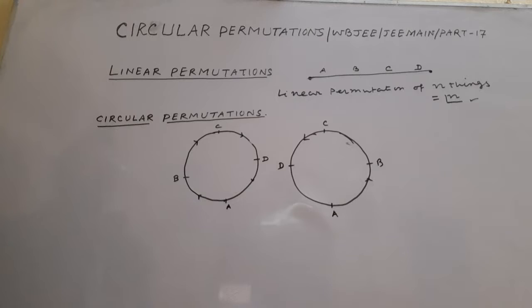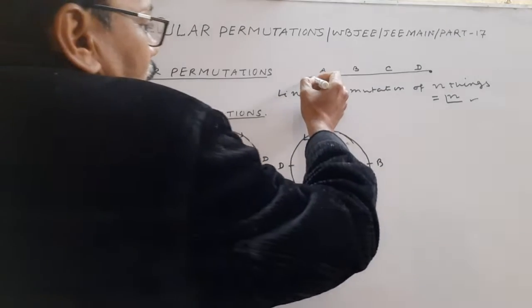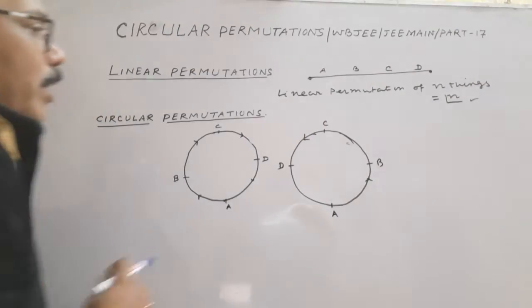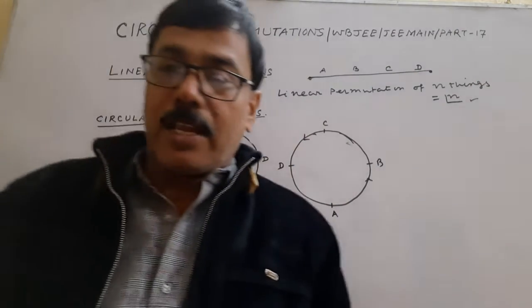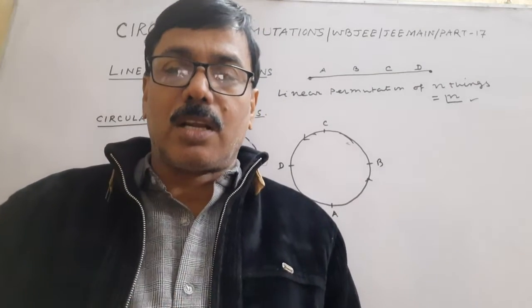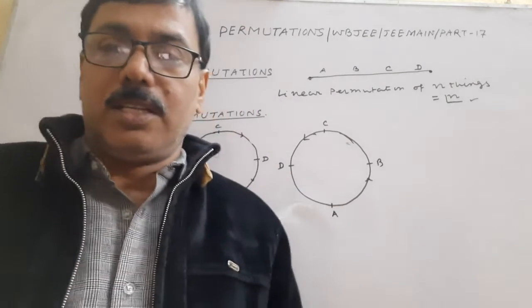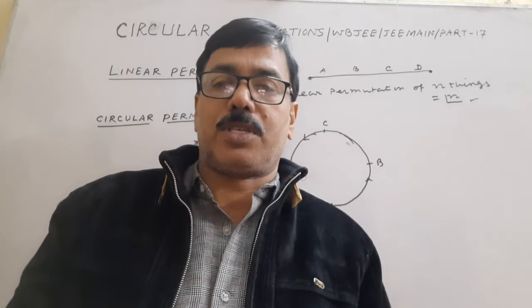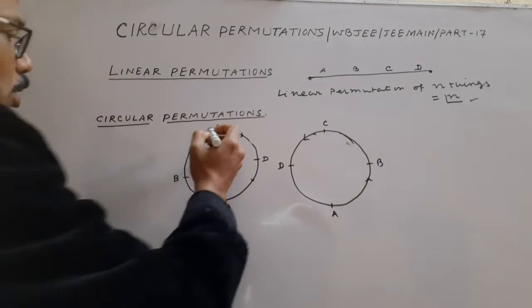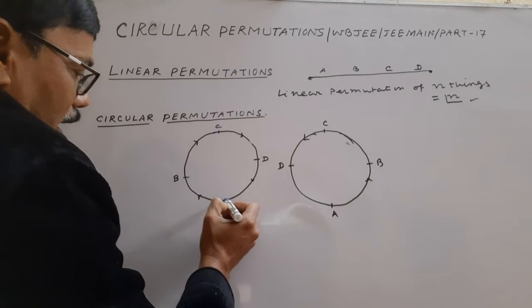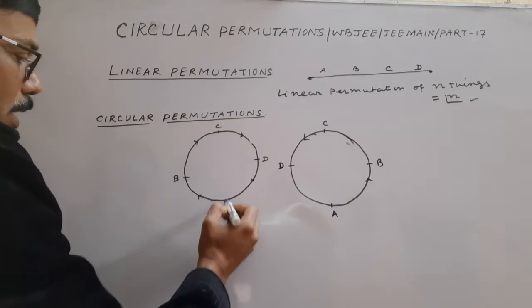Now what is circular permutation? When the things are arranged along the circumference of a circle, then this type of permutation is called circular permutation. Look here, things are arranged along the circumference.